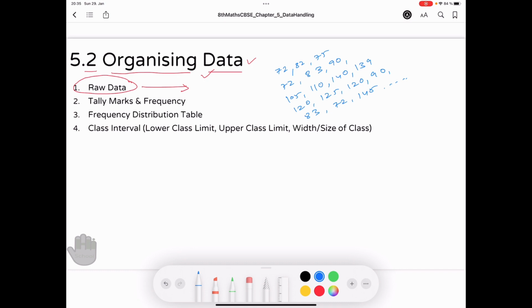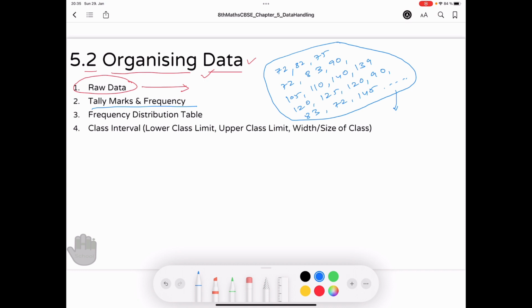Now let's organize this raw data. We have measured the number of heartbeats per second these many times in an exercise session, and now we are going to organize this data.